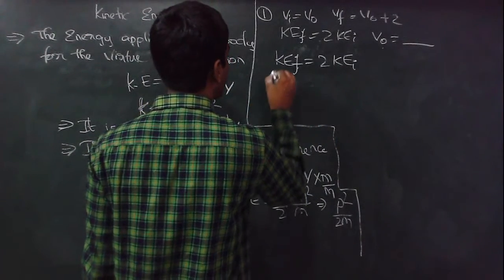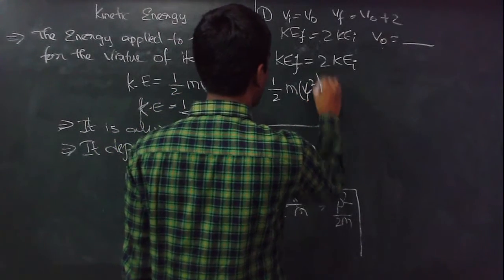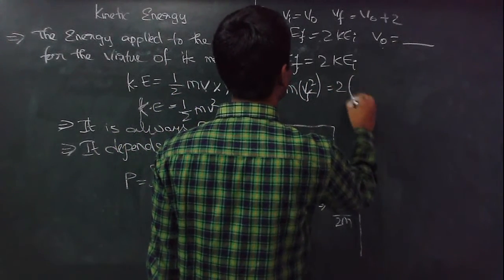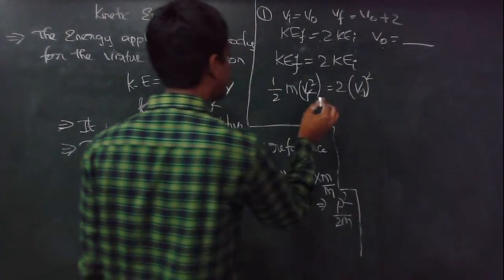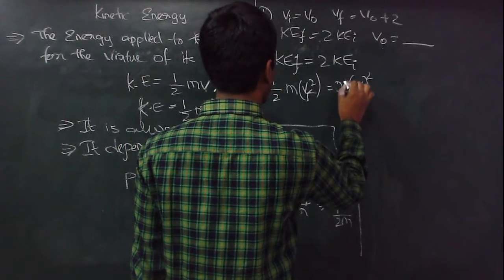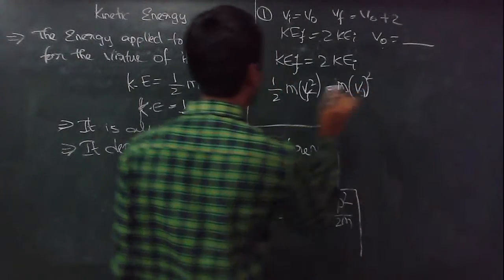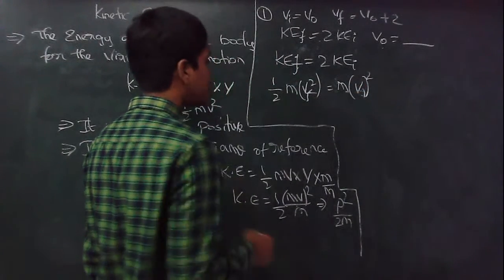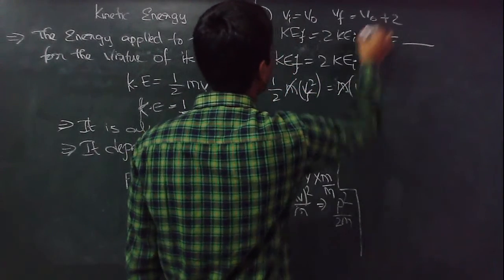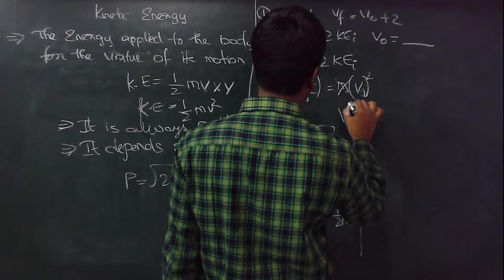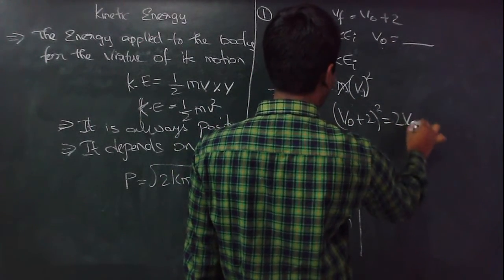Okay. Now we know the formula. Half m into V final square is equal to 2 into half m V initial square. Now m cancels and V final is V naught plus 2, whole square is equal to 2 V naught square.